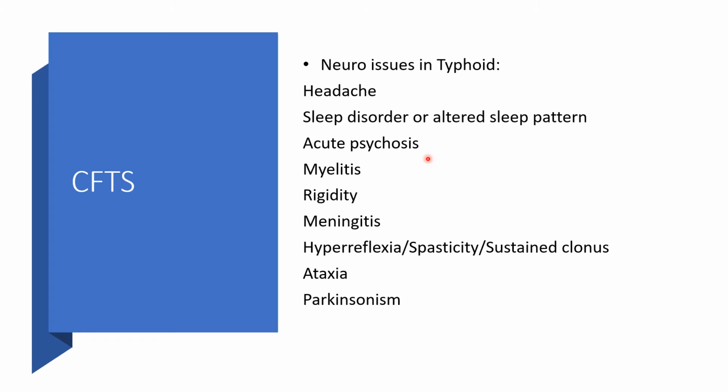Okay, although you have to be careful, particularly in regions of the world where malaria could also be endemic and typhoid is also endemic. So be sure you are not dealing with cerebral malaria, so rule that out. Then myelitis, rigidity, meningitis, paraplegia, spasticity or sustained clonus, that is upper motor neuron lesion, ataxia, and sometimes Parkinsonism.